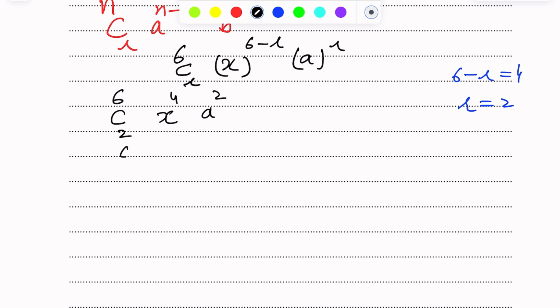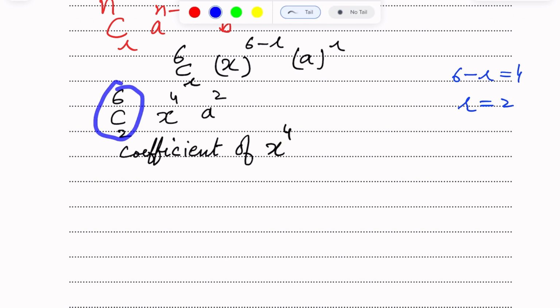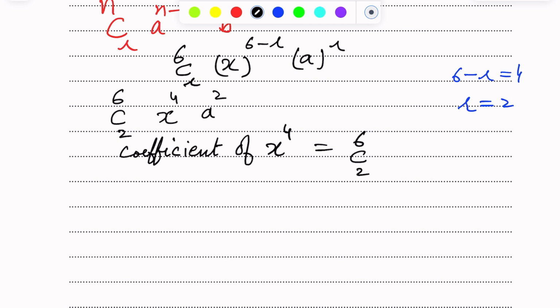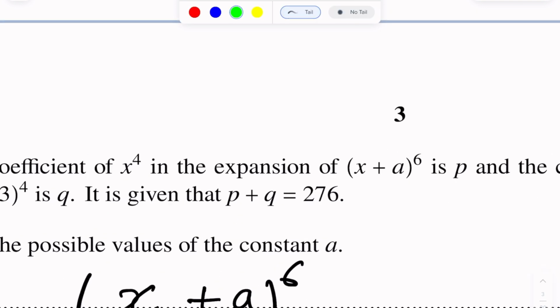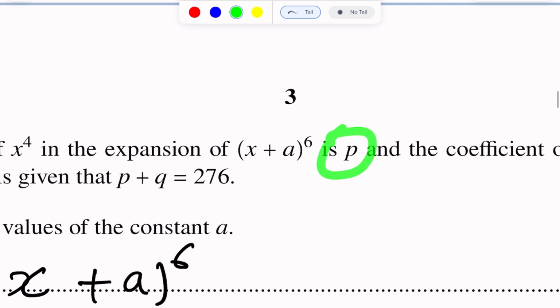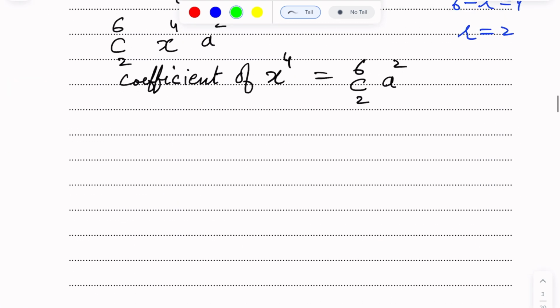So the coefficient of x^4 will be 6C2 a^2. This is the coefficient of x^4, which is denoted by p.